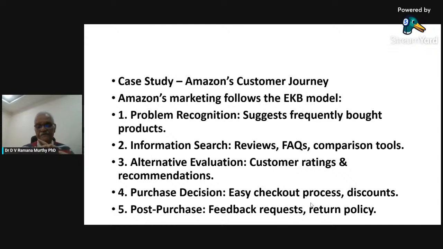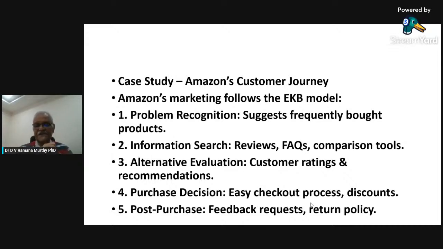Then, of course, you can go for purchase decision. Easy checkout process with discounts. Absolutely, there is no problem at all. Amazon's customer journey is so sophisticatedly planned, thanks to AI-generated systems that they follow.